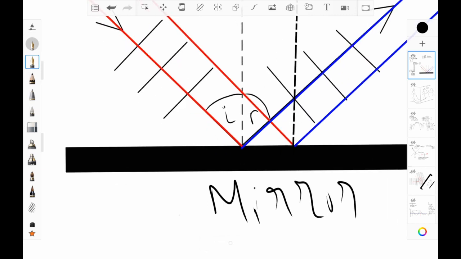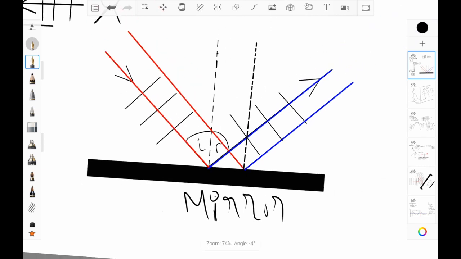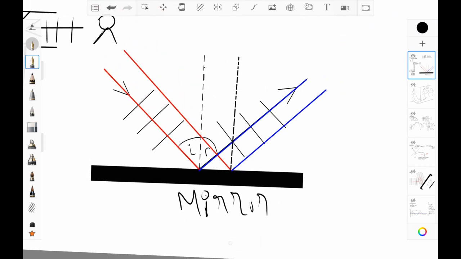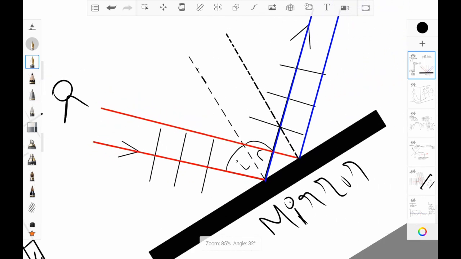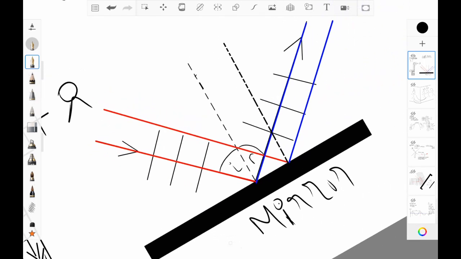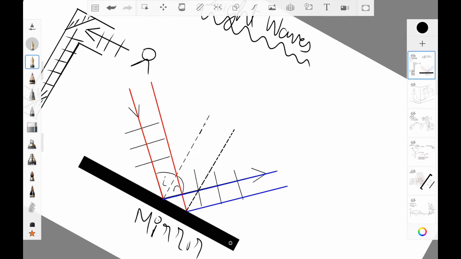And the main characteristic of regular reflection is that if I have two parallel beams of light falling onto the obstacle, the reflected rays will also be parallel beams of light. So this is a little hard to explain, but the two incident rays here, which are the two red lines, are parallel as they fall onto the mirror, and when they are reflected, they remain parallel because this is a very polished surface.